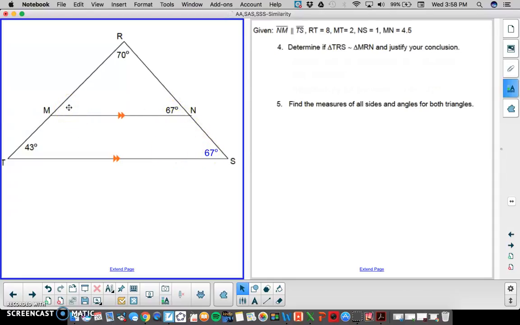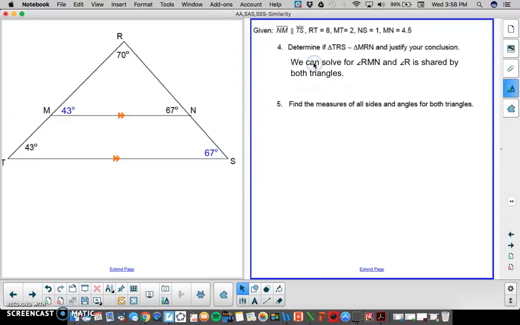We also know that RMN has to be 43 because those are corresponding angles as well on those parallel lines, and RT is the transversal. So what we want to determine is if the two triangles TRS and MRN are similar.